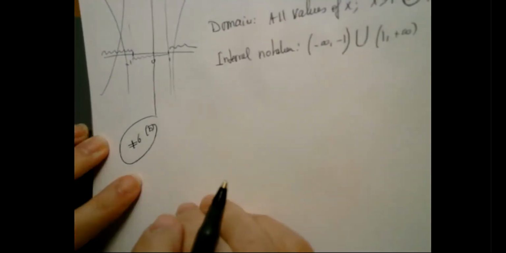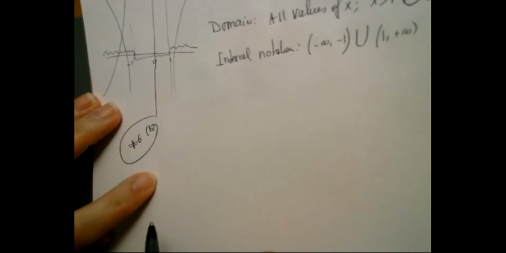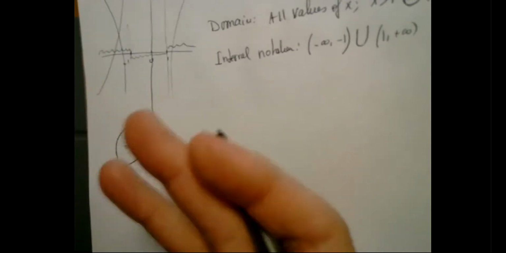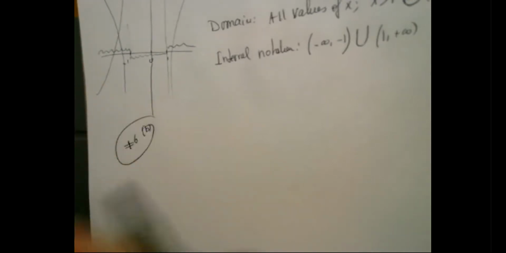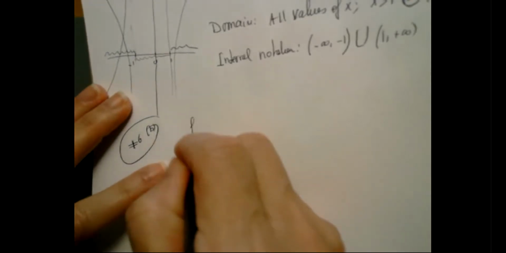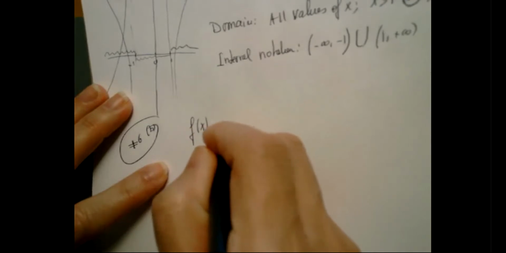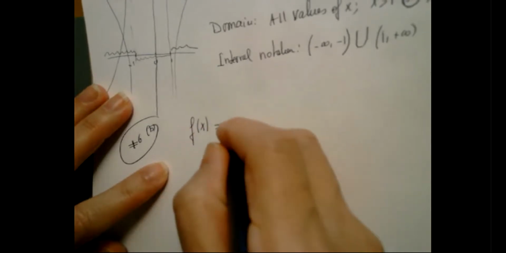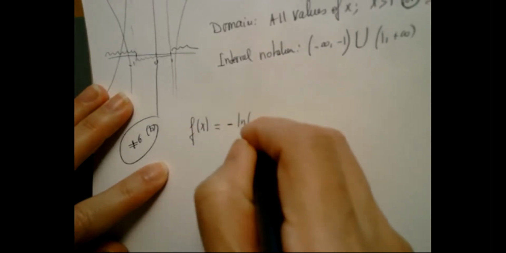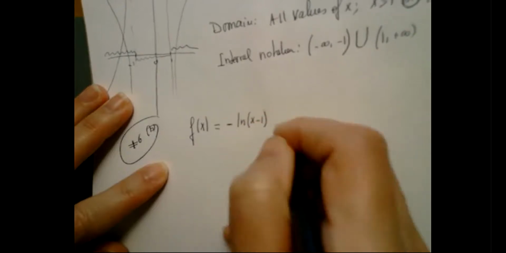Here the question is, sketch the graph of each function, and definitely I don't want you to use the calculator. I want you to use shifting and reflecting. So we have the following function, minus the ln of x minus 1.